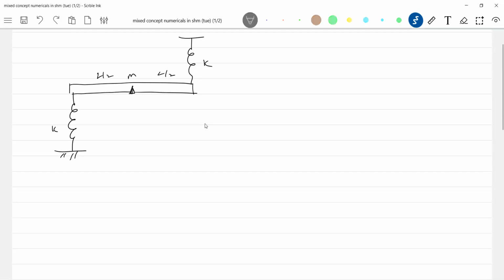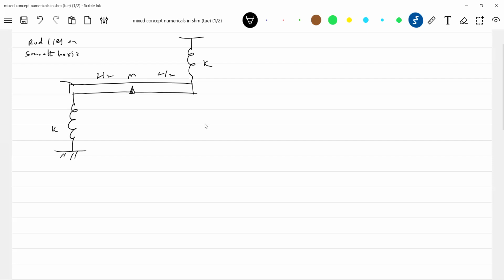Now I'll slightly displace it, and we have to calculate the time period of oscillations of the rod. I took the spring constant the same. It can even be different also, k1, k2 we can have.